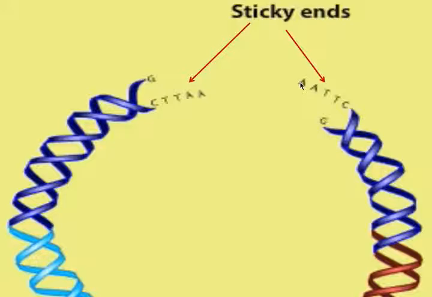Hence, the cut ends remain separated. So this is how the vectors are prepared. So now the culture is containing all the plasmid with cut ends and the free sticky ends are present.